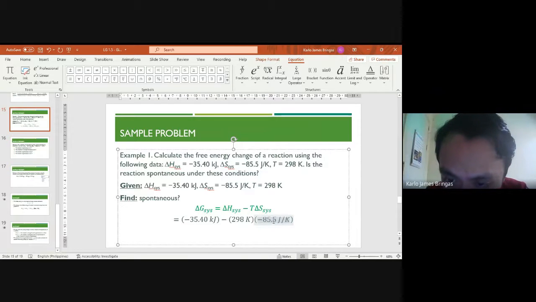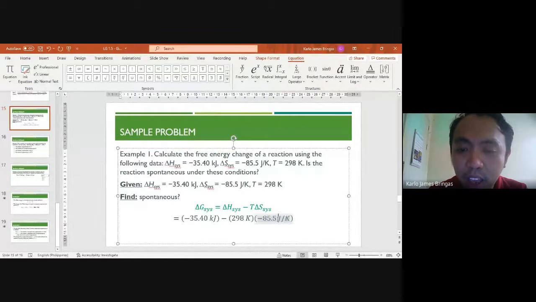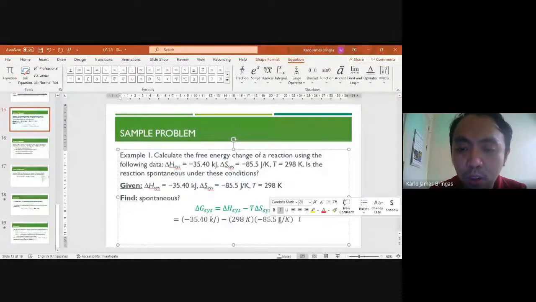Notice that by multiplying the T and the delta S together, you have the Kelvin in the numerator canceling out the Kelvin in the denominator of delta S. And what remains is the joule.